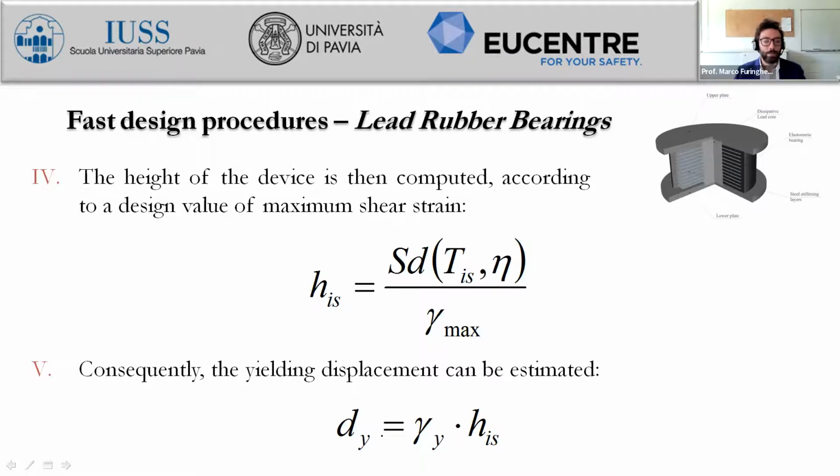So my initial question when I started considering this research work was to carry out a statistical analysis of the whole data set of real tests performed on full-scale isolation devices here in Pavia, in order to come up with maybe a statistical distribution for some parameters. And one of them is the yielding strain, the yielding shear strain.